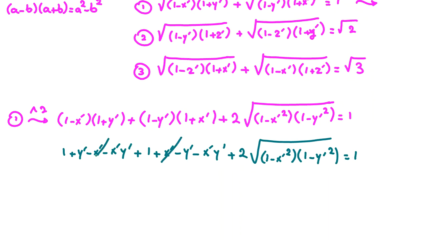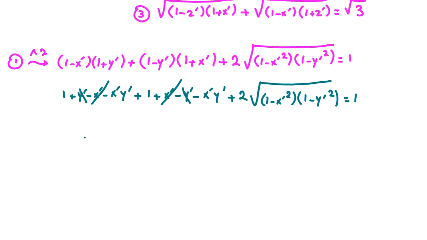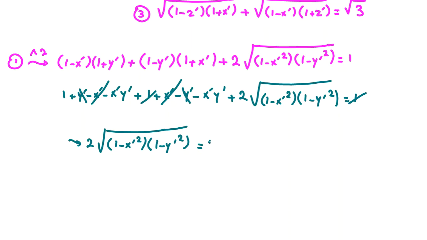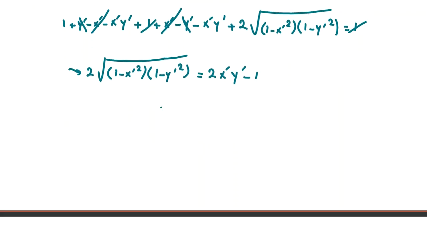Now x prime and negative x prime will be cancelled, y prime and negative y prime will be cancelled. So here we can calculate 2 times square root of (1 minus x prime squared)(1 minus y prime squared). I want to get rid of this square root, so I take all things to the right side. This one will be cancelled, so it will be negative 2x prime, 2x prime y prime, minus 1 plus 1 will change to minus 1.